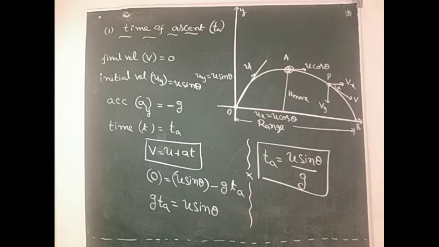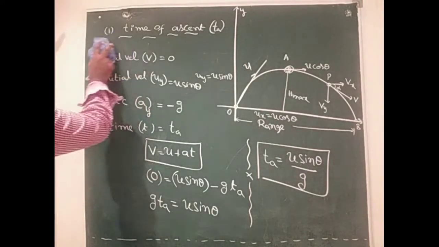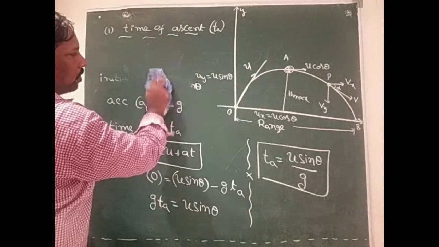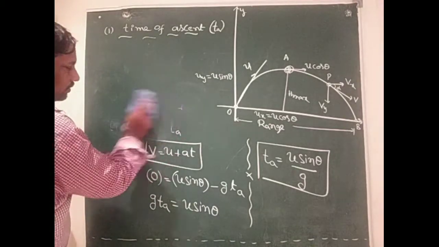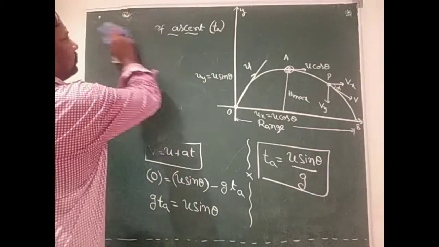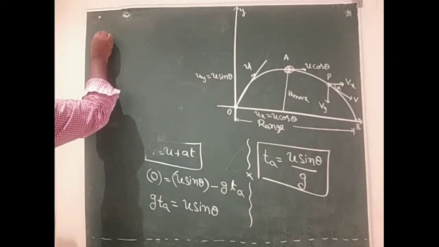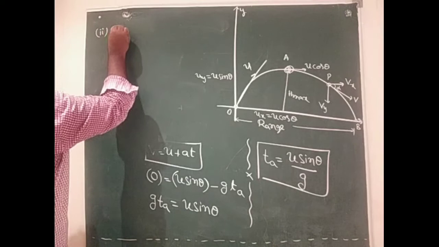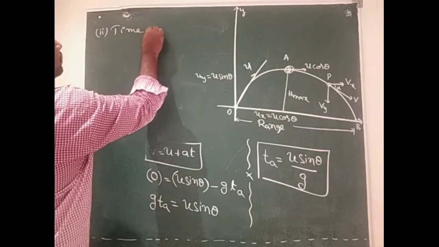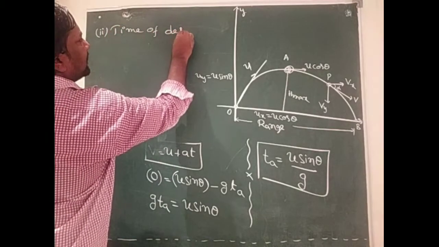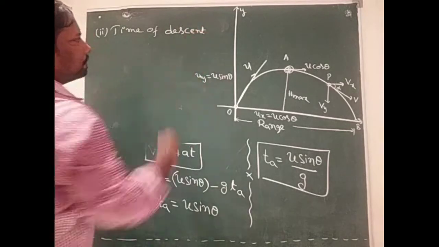Now, time of descent in the case of oblique projectile motion. Second one is time of descent.